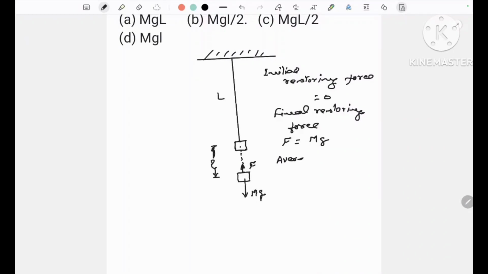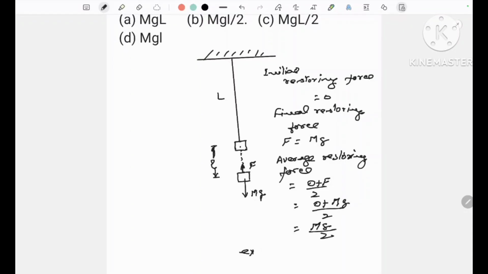Average restoring force is 0 plus F by 2, 0 plus mg by 2, mg by 2.